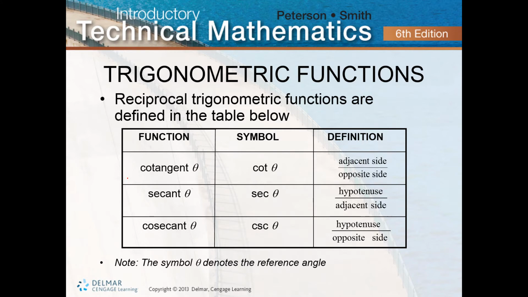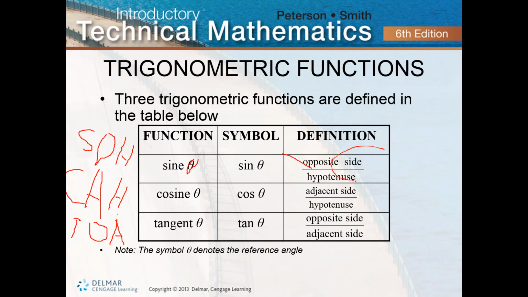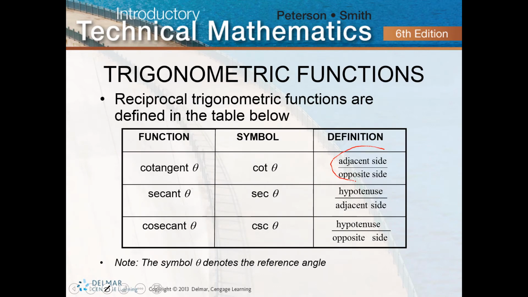All right, so then we have the reciprocals of sine, cosine, and tangent. So if tangent is opposite over adjacent, then cotangent is adjacent over opposite.